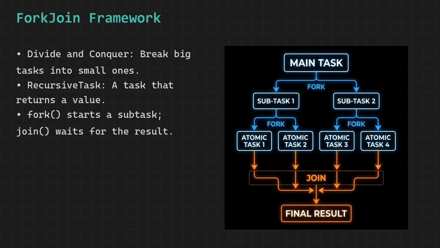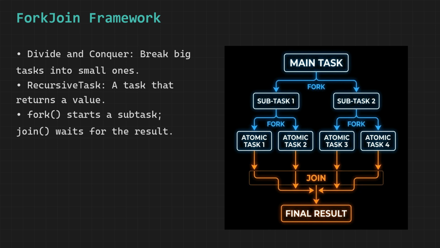At the heart of this framework lies the idea of recursive decomposition, which means that instead of solving a problem in one go, we repeatedly divide it into smaller subproblems until each piece becomes simple enough to solve directly, and this approach not only makes the task easier to handle but also allows multiple parts of the work to be executed simultaneously on different threads, making full use of modern multi-core processors.